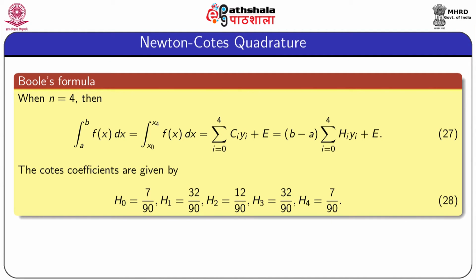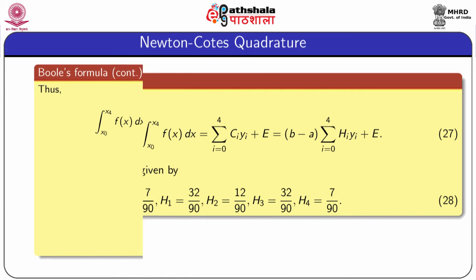Now, consider the case n equal to 4. In this case, the integration from a to b of f(x) dx is approximated as the integration from x0 to x4 of f(x) dx, which is equal to (b minus a) into the summation i equal to 0 to 4 of hi yi plus E, where the Cotes coefficients are h0 equal to 7 by 90, h1 equal to 32 by 90, h2 equal to 12 by 90, h3 equal to 32 by 90, and h4 equal to 7 by 90.